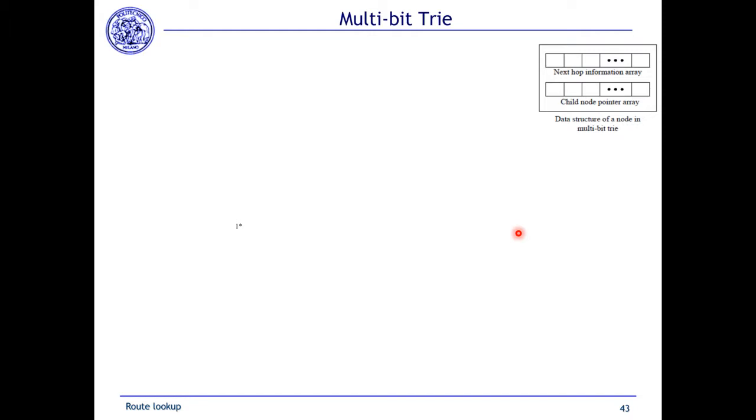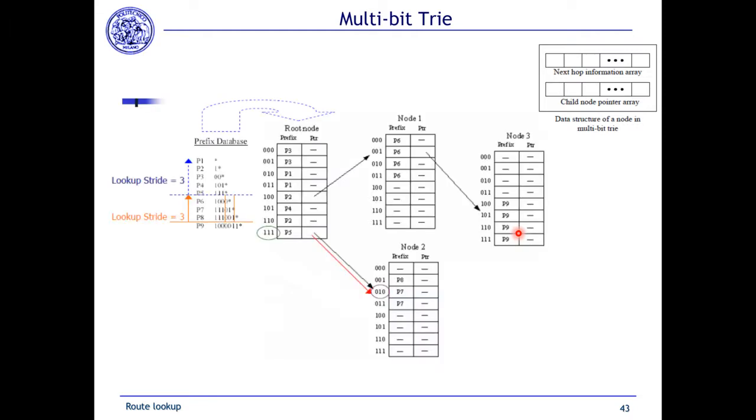The number of positions in these two arrays is equal to 2 to the stride. In this case, stride is 3, so you need 8 positions for the information and 8 positions for the pointers. And this is the data structure that corresponds to what we have built.